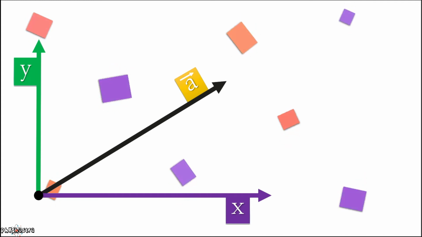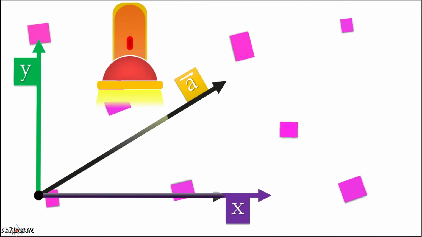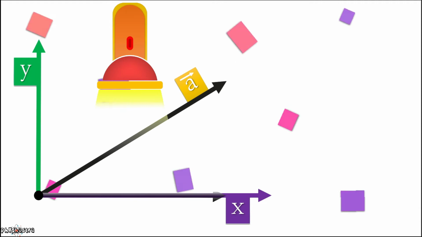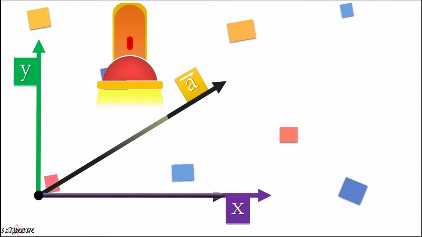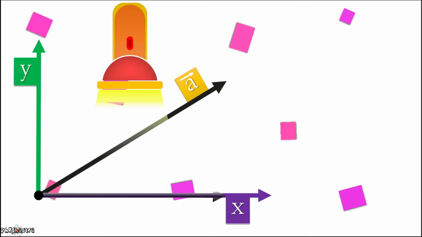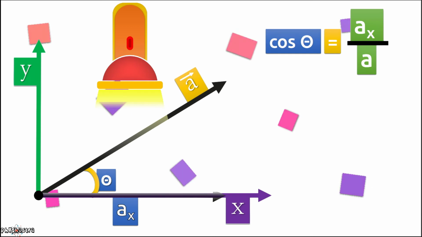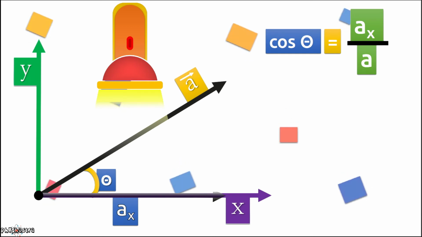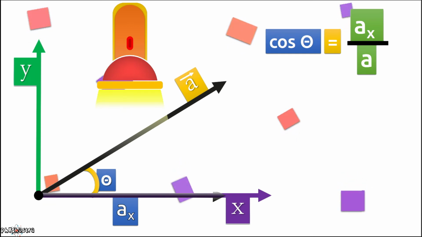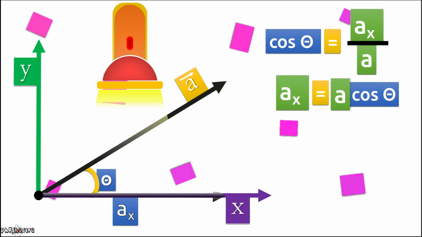If we flash a flashlight upon it, you can see the shadow of the vector A. That is the resolved vector on the x-axis. Let us take the angle theta, then find what is cos theta. So we get Ax upon the value of A. If we rearrange, we get Ax equals A cos theta.